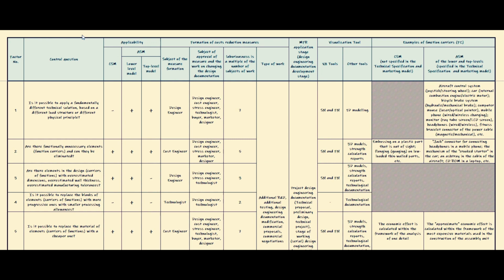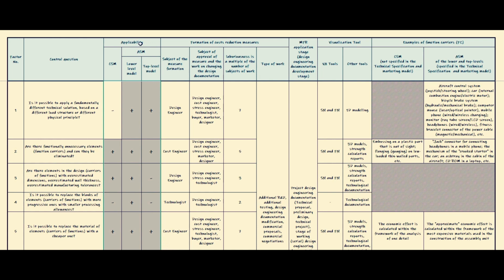Based on the analysis of three objects of different levels of abstraction, the complete structural model and the abstract structural model of lower and top levels, as well as taking into account the experience of using the MFR in my practice, a table of applicability of control questions has been formed, which is absent in the classic presentation of MFR.